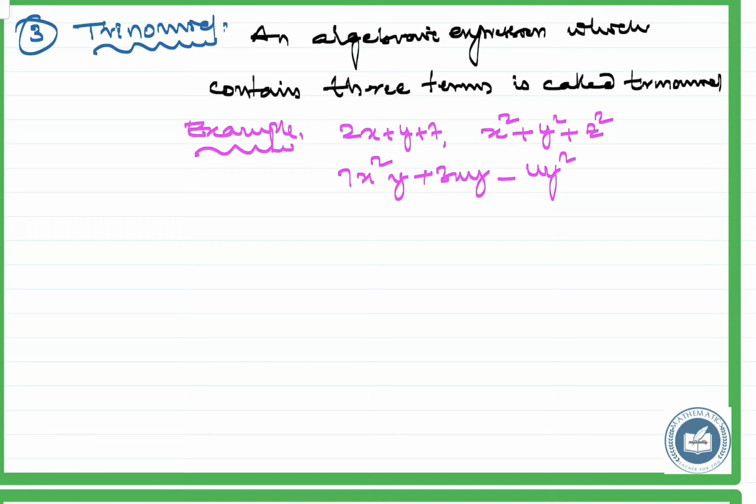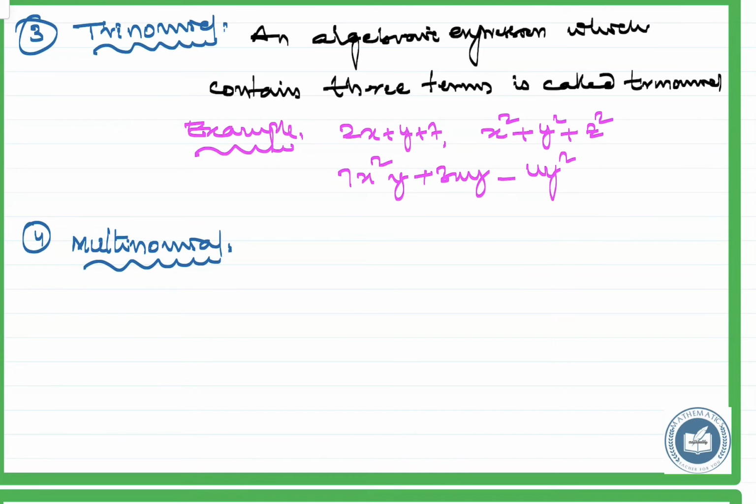Next, fourth one, that is a multinomial. What is multinomial? When can we say it is a multinomial?